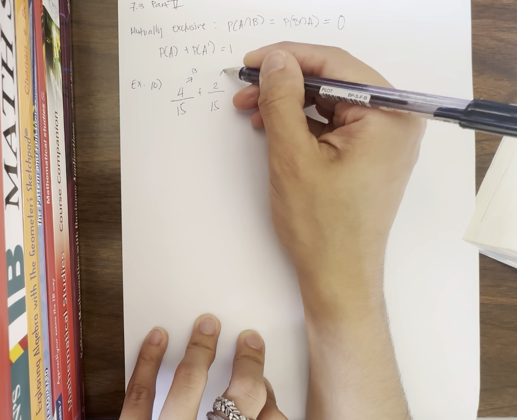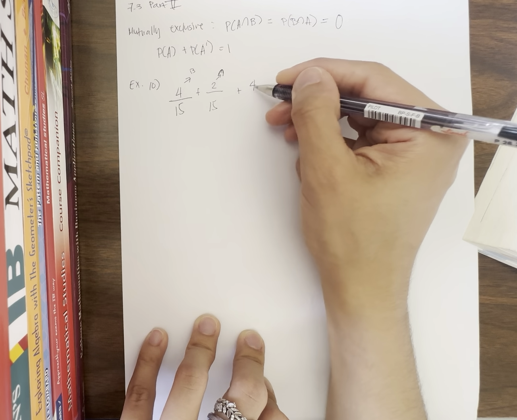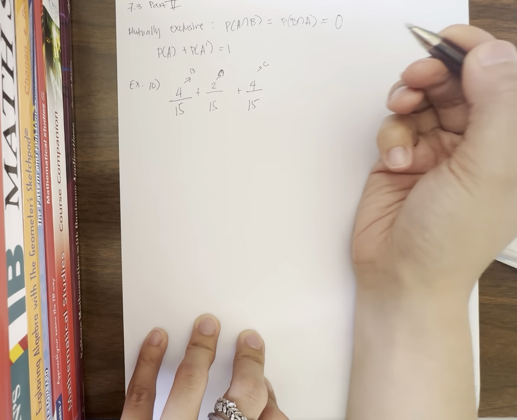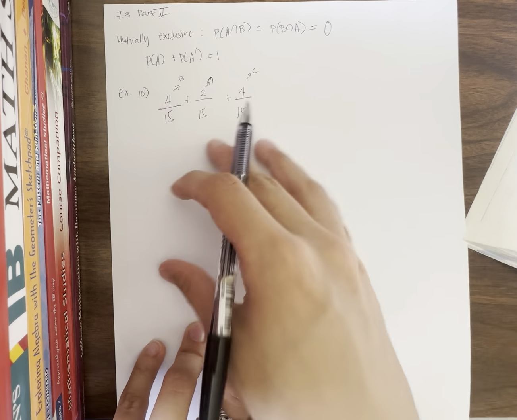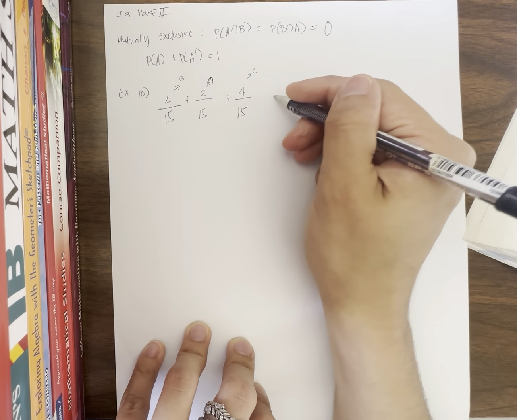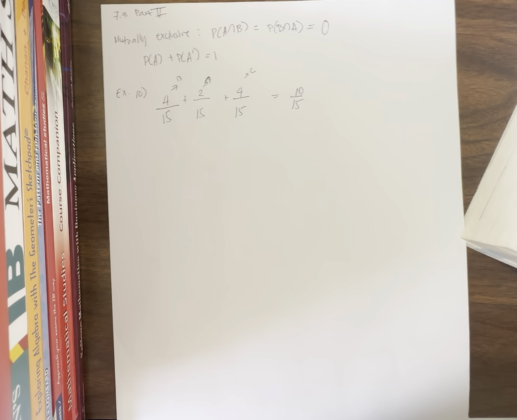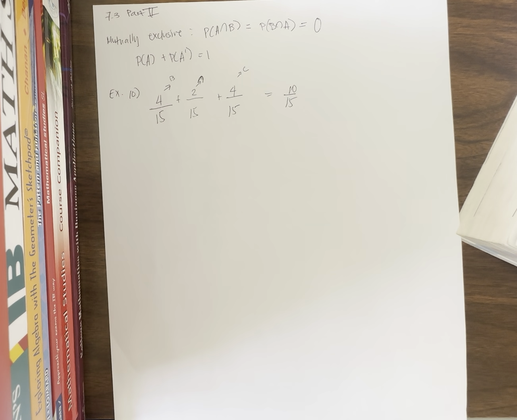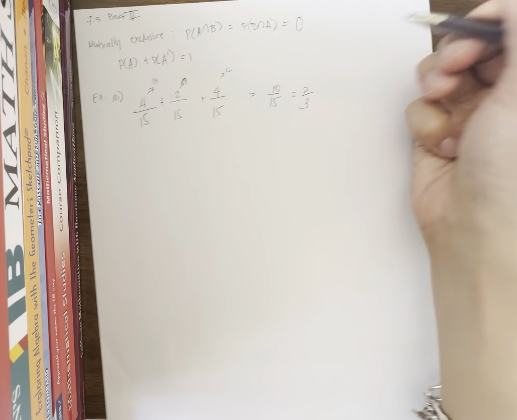Okay, this is the number in the intersection. And then you have the other 4 names in group C. Okay, so this is how you get the union. You just add all of the parts together, and this should still give us 10 over 15, and that is indeed what is in the textbook, which simplifies, of course, to 2 over 3.